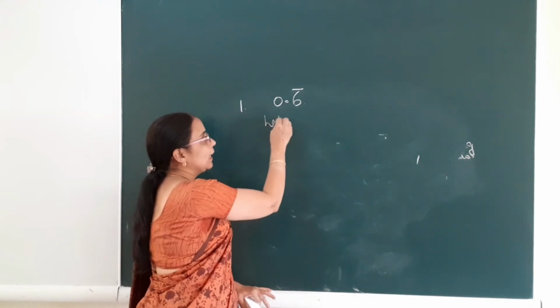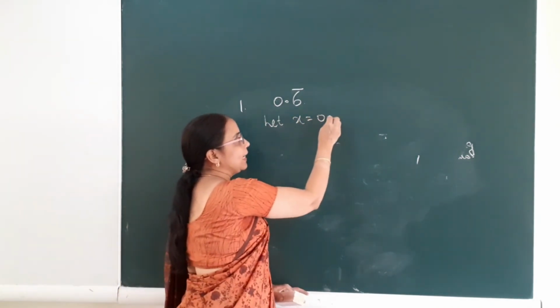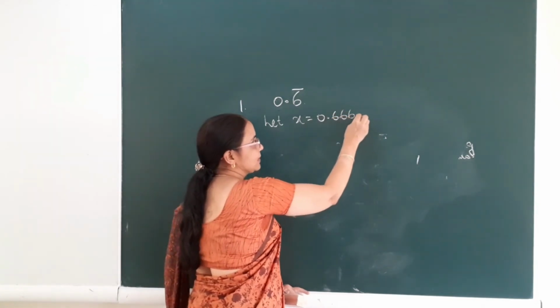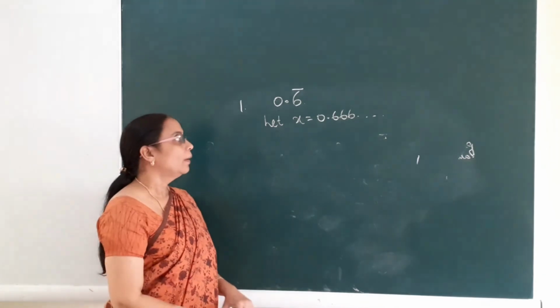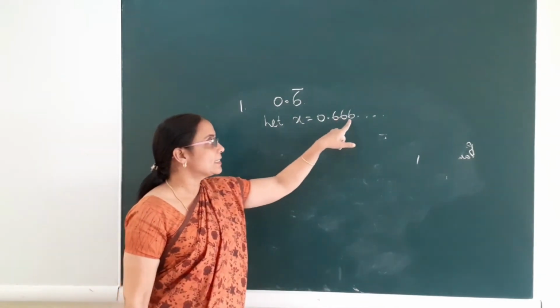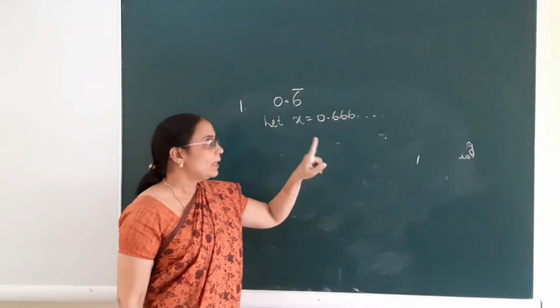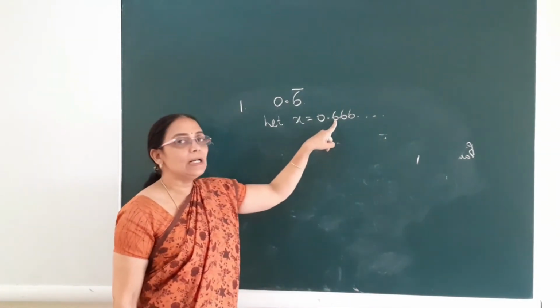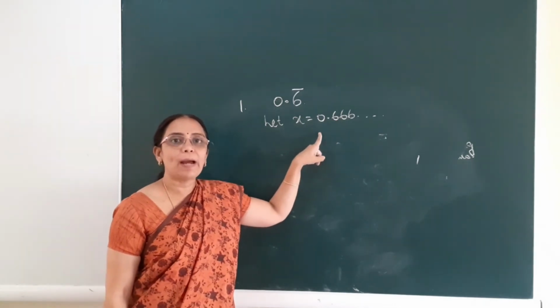So the procedure is like this. Let us say that this number is x, and let us write it as x equals 0.6666 and so on. Now, since 6 is the repeated digit, we will transfer one digit after the decimal to the integer part.